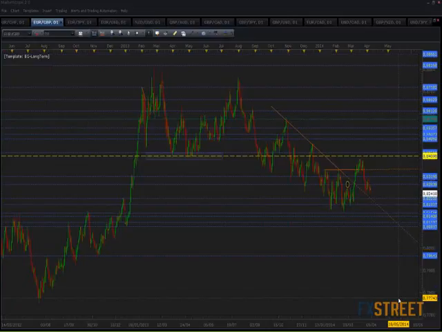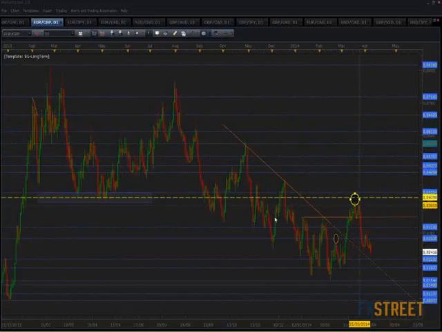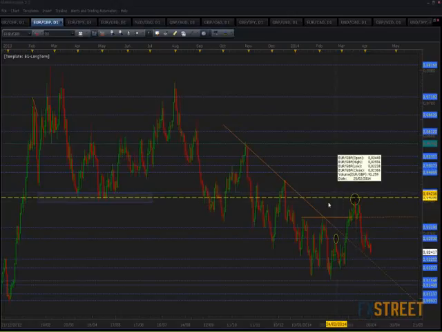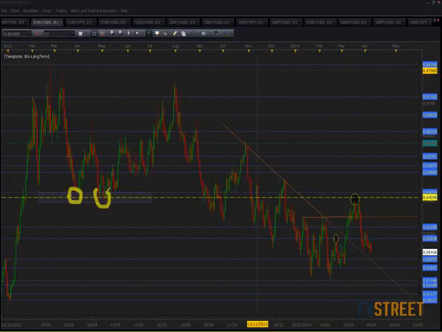For me, this was a small retest here. I was expecting sellers to appear, but I didn't get any chance to do anything there. Because this is a very important level that we are watching.